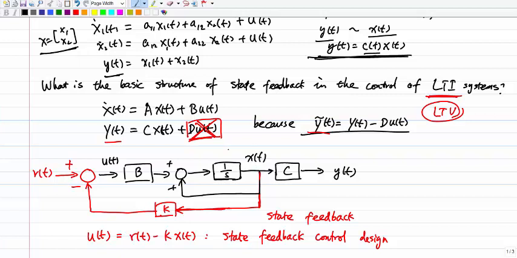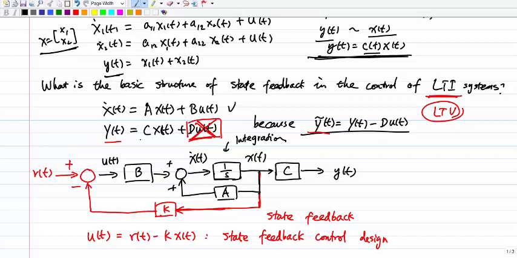This 1 over s is the integration, which means here I have x dot t. So the x dot t is given by A times xt plus B times ut, which is done over here.